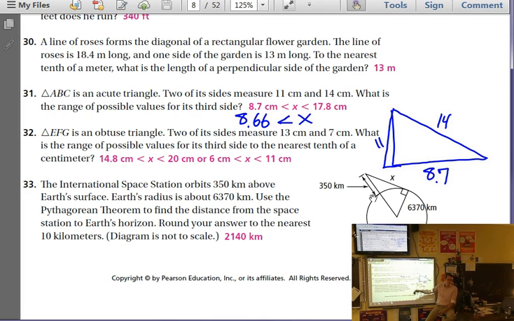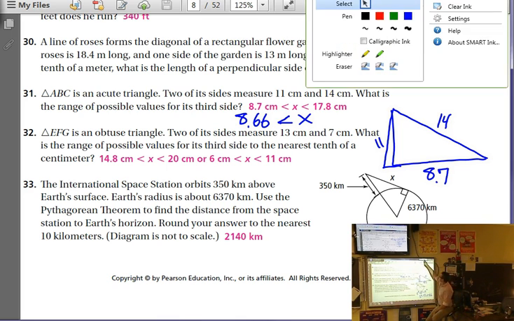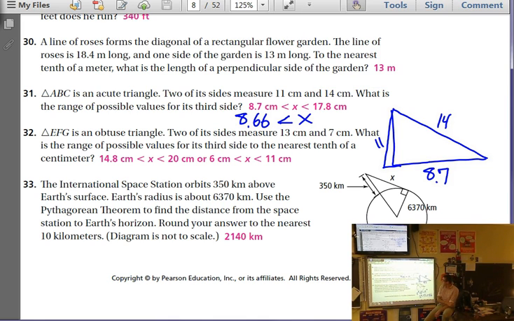Yeah, I know. But then I do the same thing, but instead of solving for a leg, let me capture this real quick. I leave my 11 where it is, but now I make my 14 my leg. So now 11 squared plus 14 squared, and we take the square root of that.